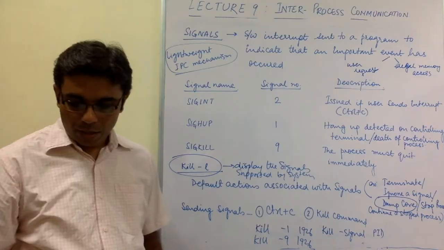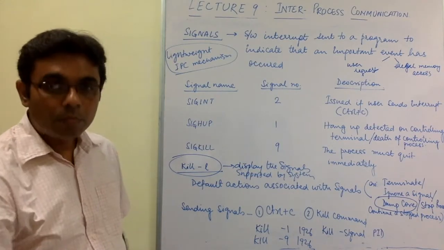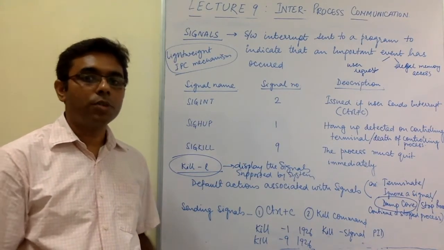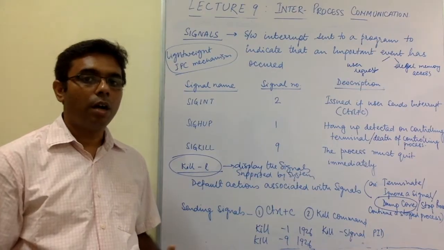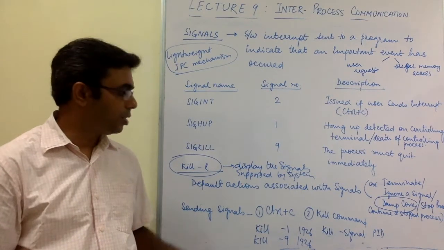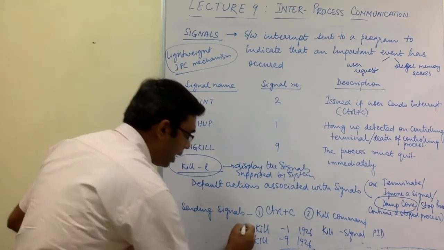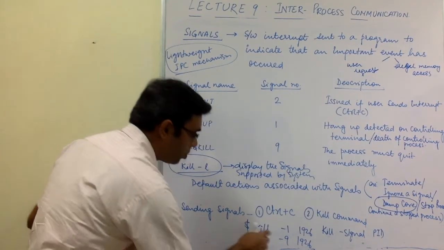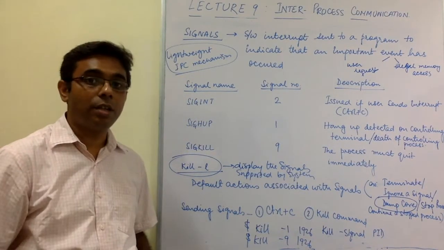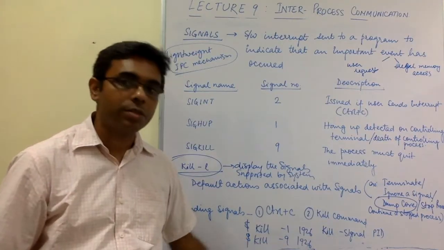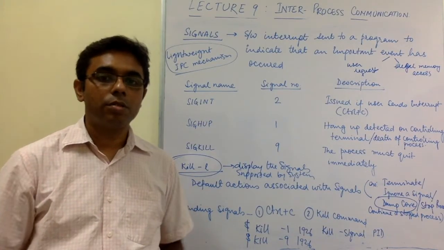So this is a typical way in which one process sends a signal to another process. If this is running in the bash, it means the bash is sending a signal to process number 1926 and makes it stop.